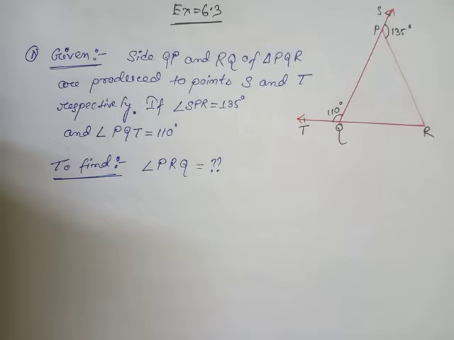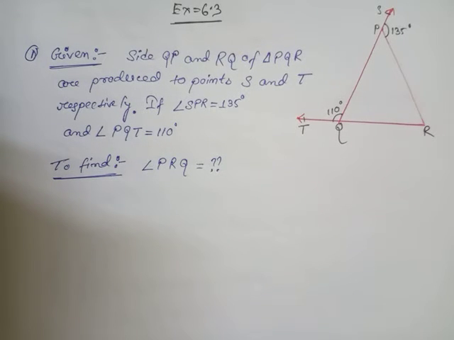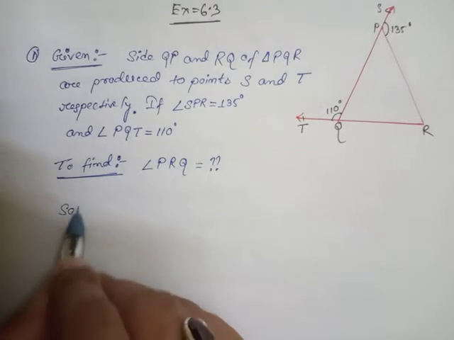If angle SPR is equal to 135 degrees and PQT is equal to 110 degrees, to find, which means we have to find this angle PQR. So students, let's have a look at how to solve this one. This is the given and to find portion. Now the solution, I will start here. Solution.